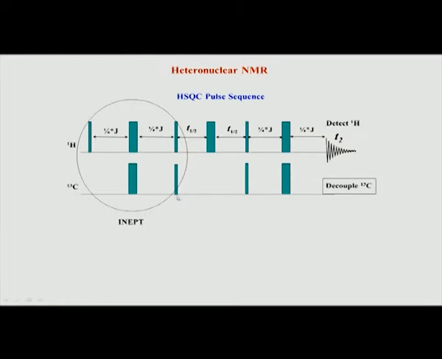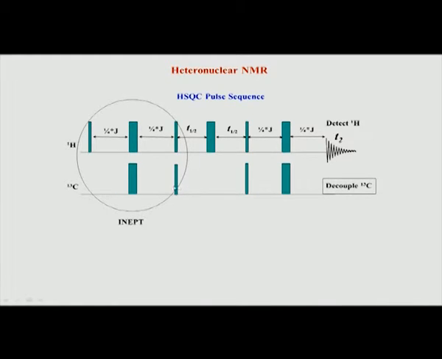After this INEPT is applied, at this point, after this pulse on carbon is applied, the carbon comes to the xy plane. Once carbon comes to the xy plane, during this whole period from here to here, we allow the carbon chemical shift to evolve, meaning we allow the FID of carbon to start. But remember, this is an indirect dimension.